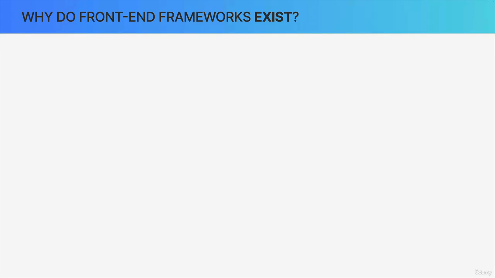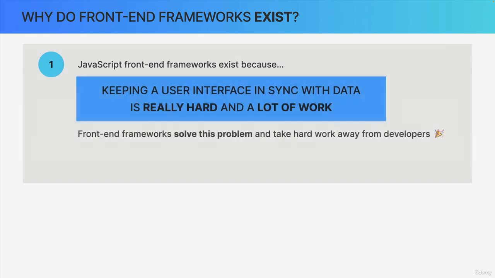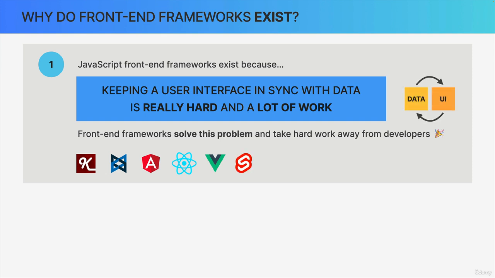Well, we kind of already answered that question over the course of this lecture. So, the big fundamental reason why these frameworks exist is because keeping a user interface in sync with data is really hard, and it's a lot of work too. So basically, frameworks like Angular, React, or Vue take this hard work of synchronizing data with the user interface away from us developers.